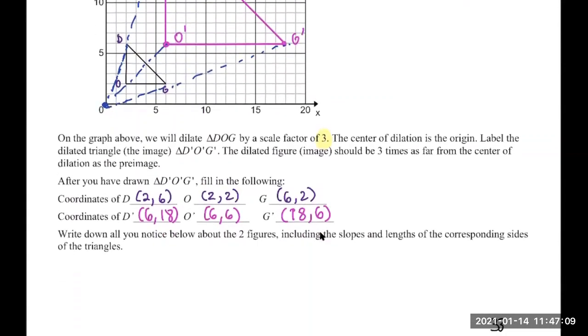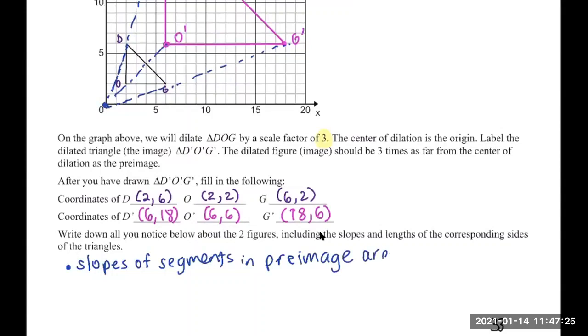Okay, so our first observation is about the slopes. So slopes of some segments in pre-image are same as image. So same slope.